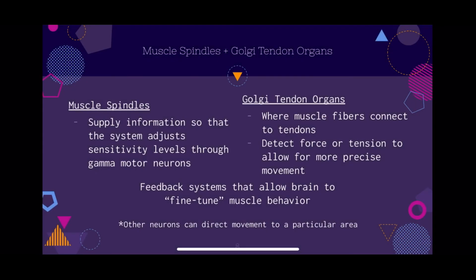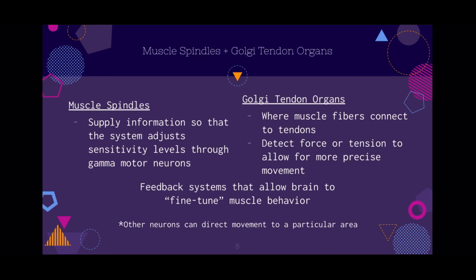Now we're going to talk about muscle spindles and Golgi tendon organs. Muscle spindles, like we talked about earlier, also have another function, which is to supply information so that the system adjusts sensitivity levels, and it does this through gamma motor neurons.